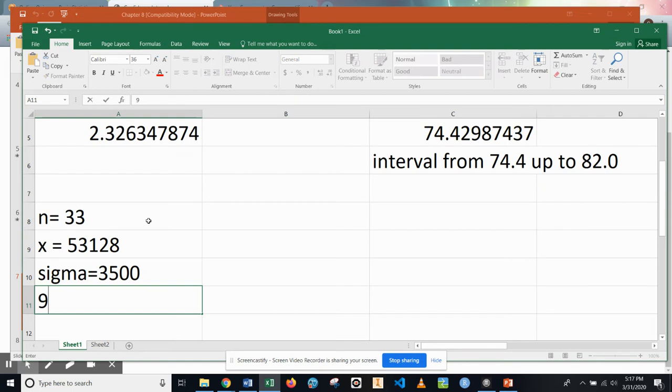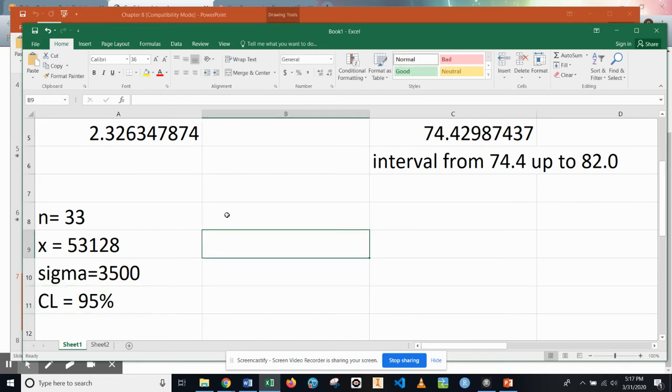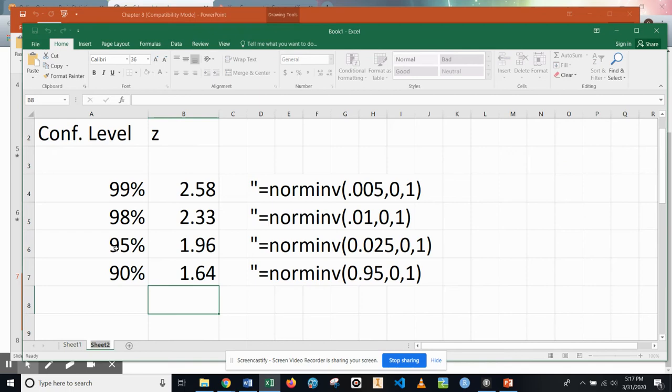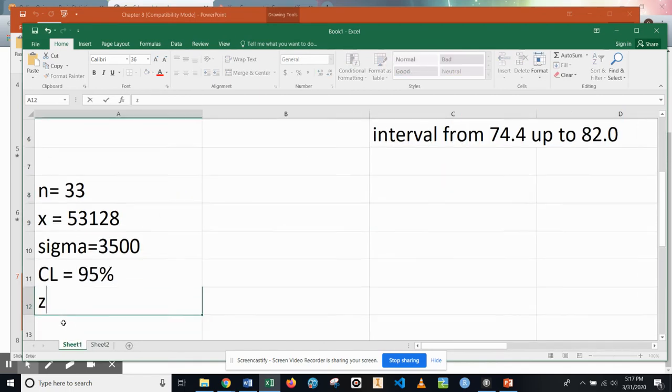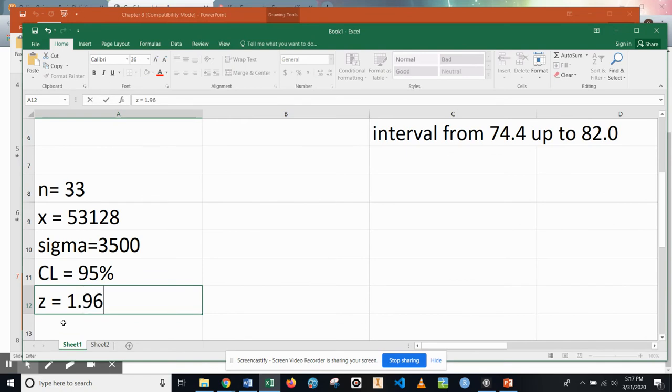And we have a confidence level of 95%. So for 95%, if I flip over to my sheet here, 1.96 is my z-score. So I'm just going to make a note, z equals 1.96.